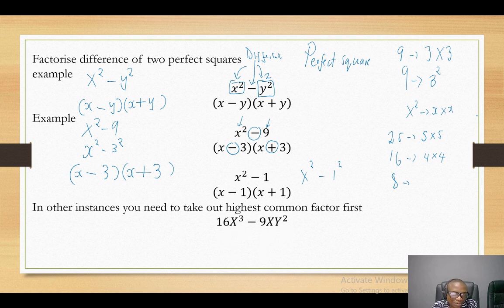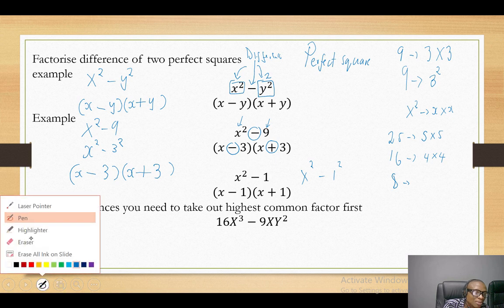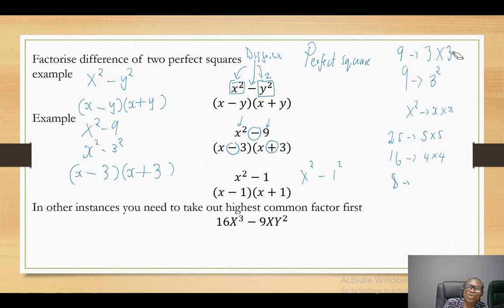16x cubed minus 9xy squared. Let's look at it. How can we factorize this one? The topic is all about factorizing.